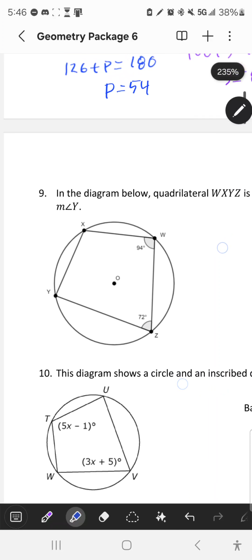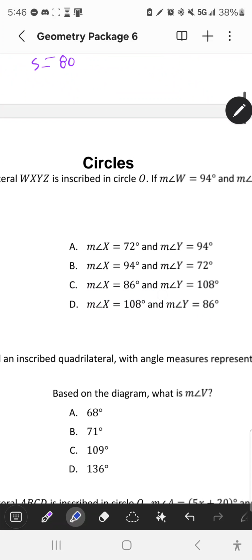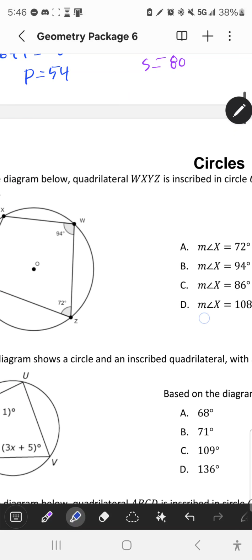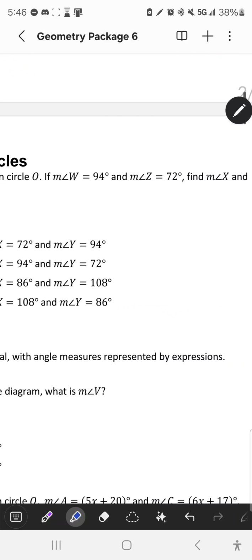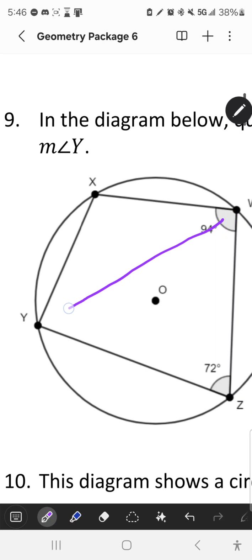Now, let's see 9. In the diagram below, quadrilateral WXYZ is inscribed in a circle. This is basically what we have drawn, and they're asking for the other sides, so we need to do the same. We have a straight line, we're looking for the opposites.